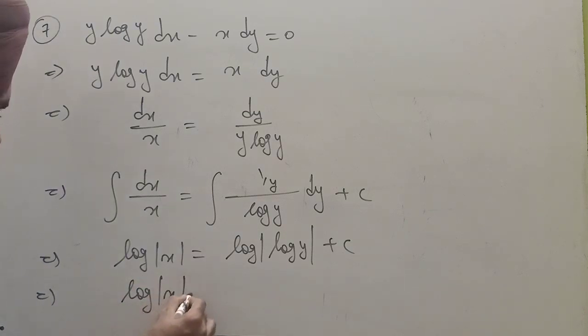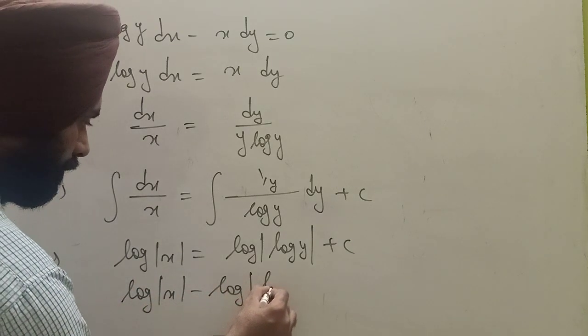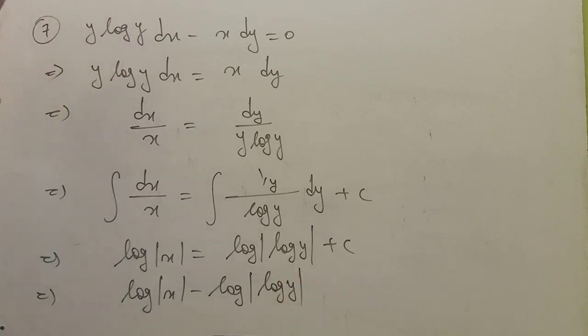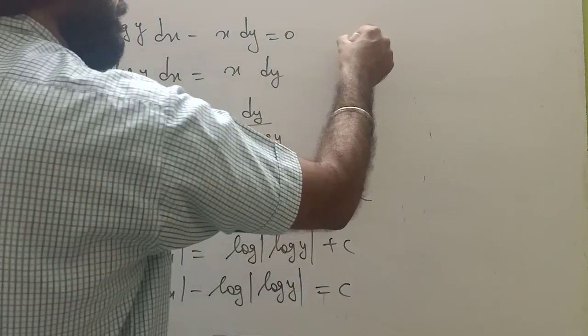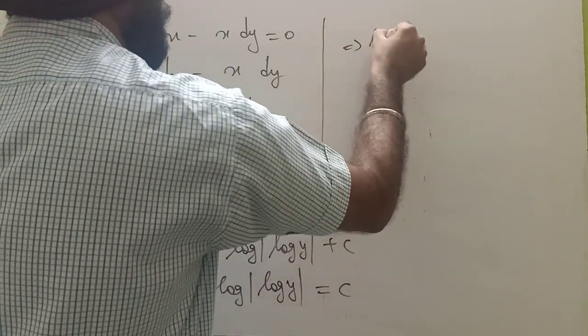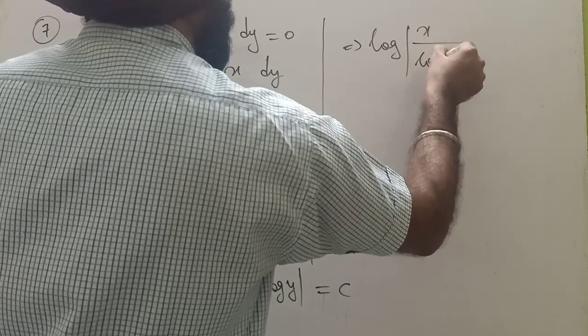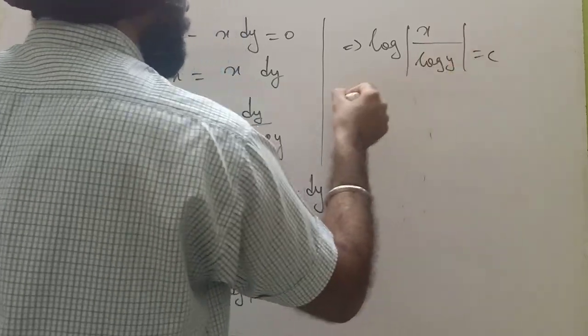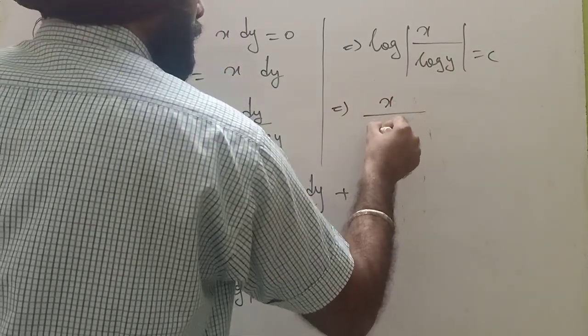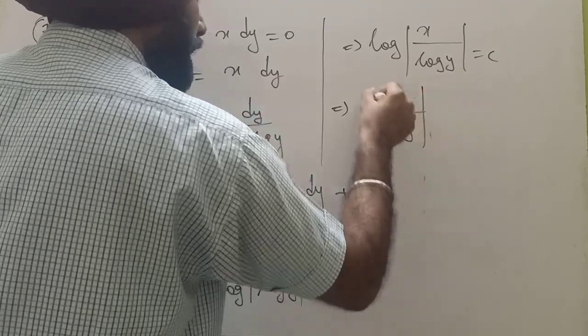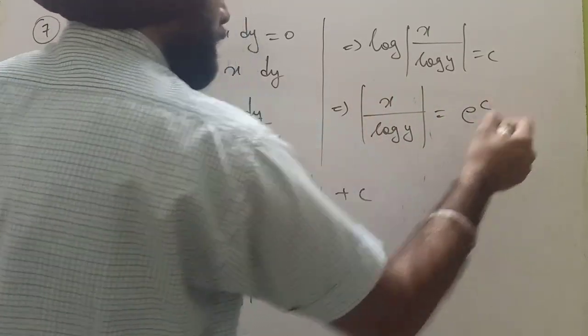And now this is log mod x minus log mod log y is equal to c, and this is log a minus log b, which can be written as log a over b. Then mod x over log y can be written as e raised to c.